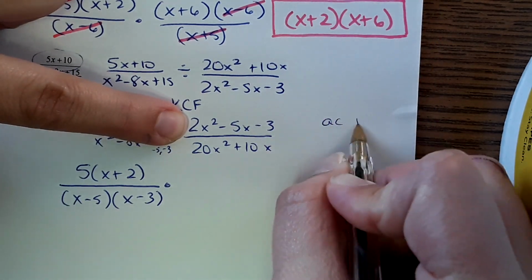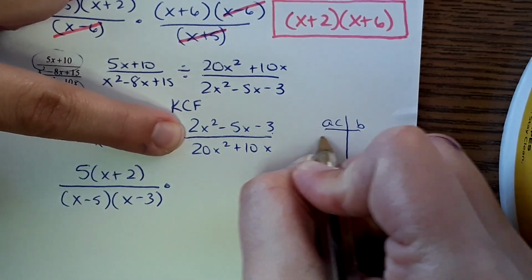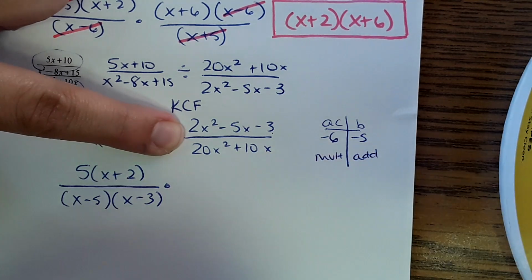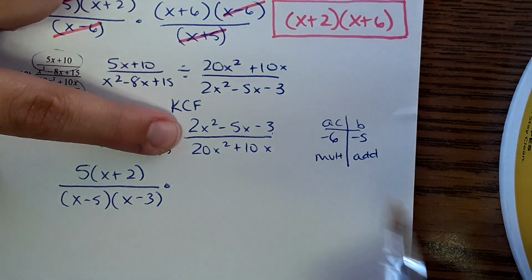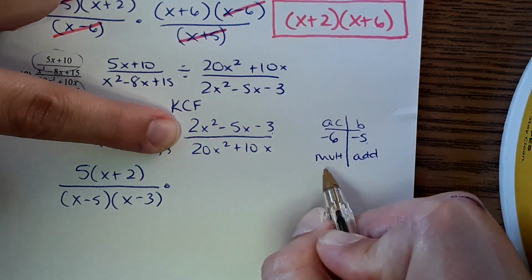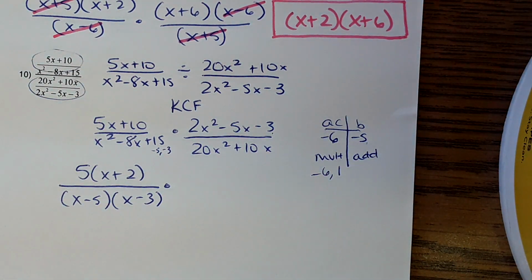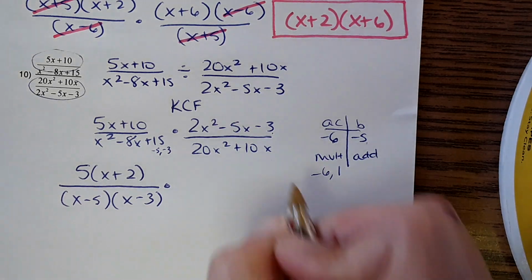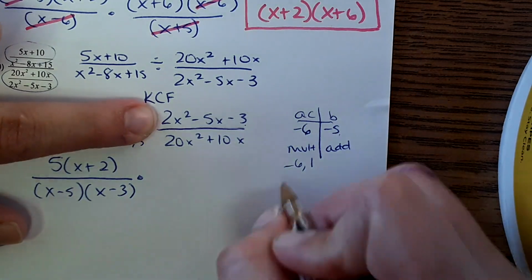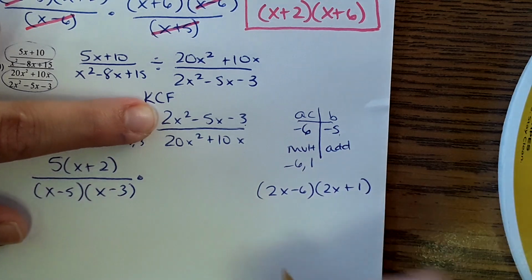So remember the A, C, B chart. 2 times negative 3 is negative 6. B is negative 5. You get two numbers that multiply to this and add to negative 5: negative 6 and 1. So working with this over here, we would do 2x minus 6 and 2x plus 1.